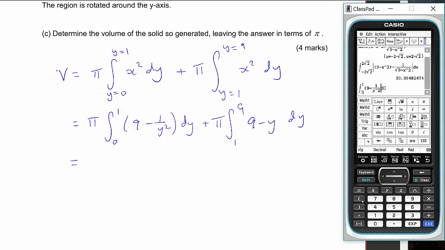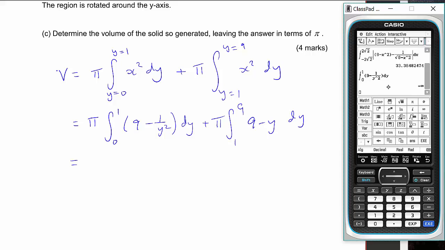Oops, I need to close that bracket. And that's going to be dy. And for some reason that says negative infinity, which is not what I've ever got before for doing that one.